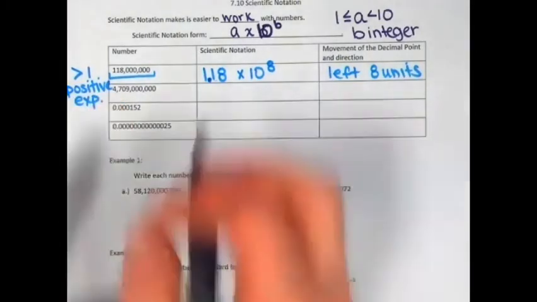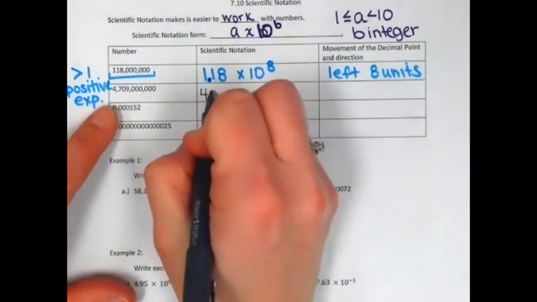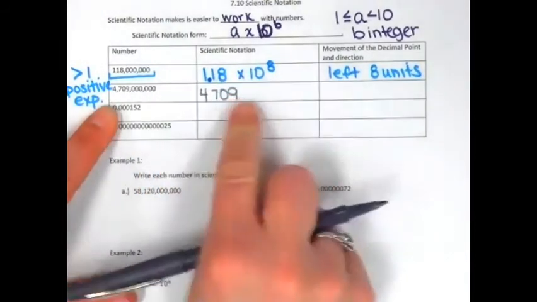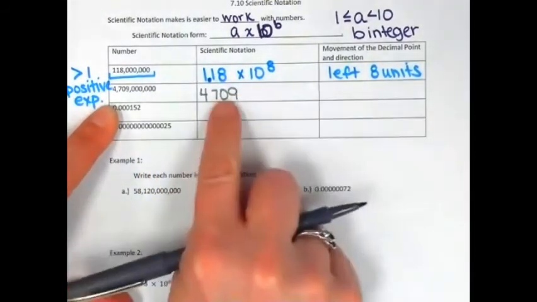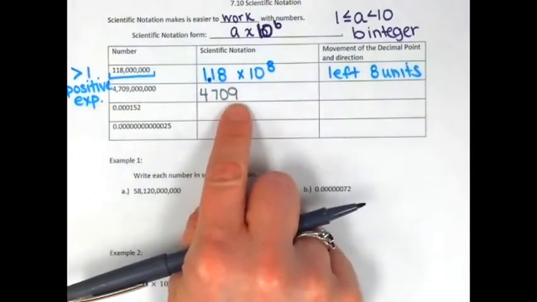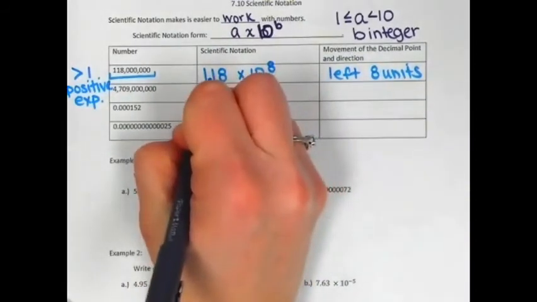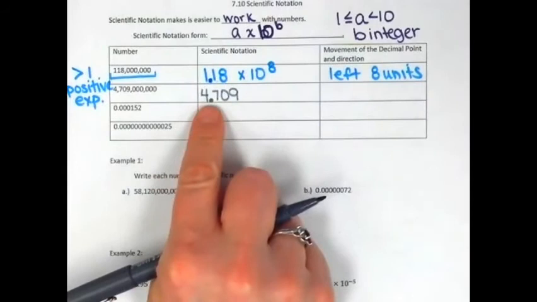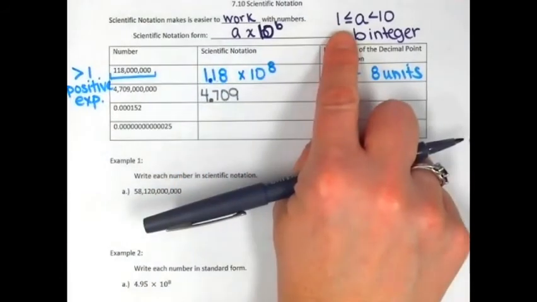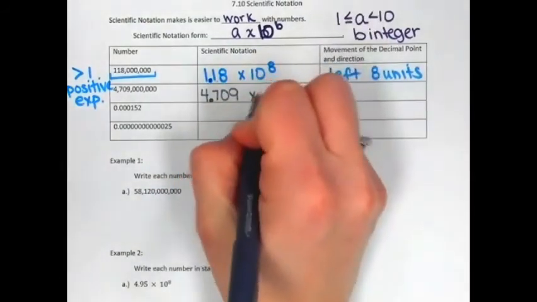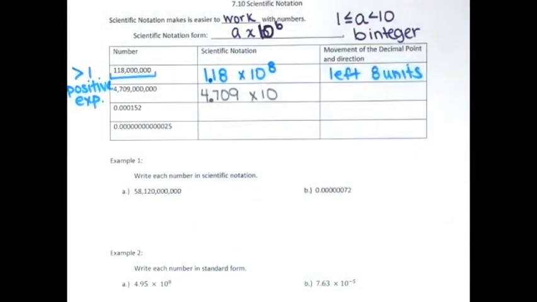Now, looking at 4,709,000,000. We have the number 4709. I don't have to list all the zeros there, but I do have to list this because we have a unit of 9. Now, where would my decimal place go? In between the 4 and the 7, because now 4.7 is between 1 and 10, right? Yeah. Times 10 to the, how many units did we move?